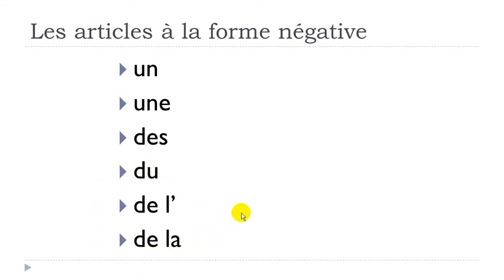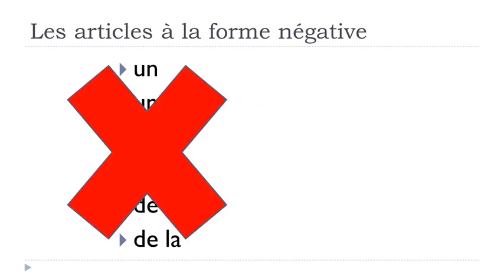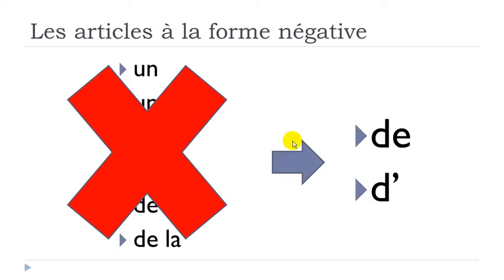Okay, if you want to put them in a sentence, and the sentence is at the negative form, then you will not use them, but instead you will use de, or d' with an apostrophe if you've got a word with a vowel after or the sound of a vowel.